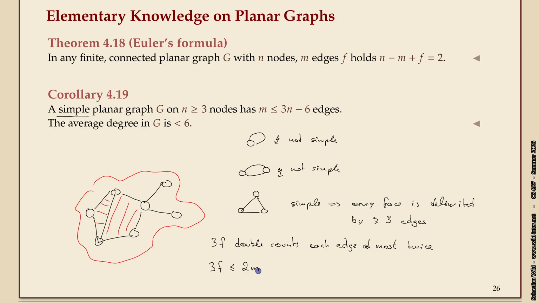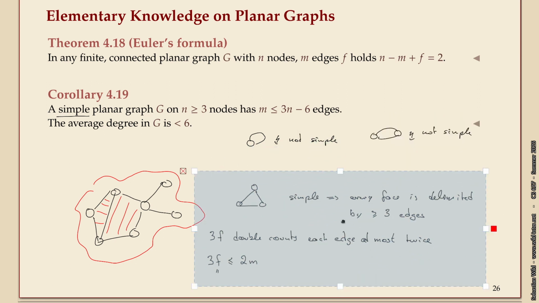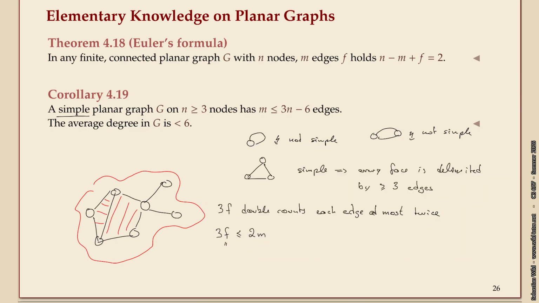But then I can also insert what I know about f. So what do we get? 3 times, and then it's 2 minus n plus m.